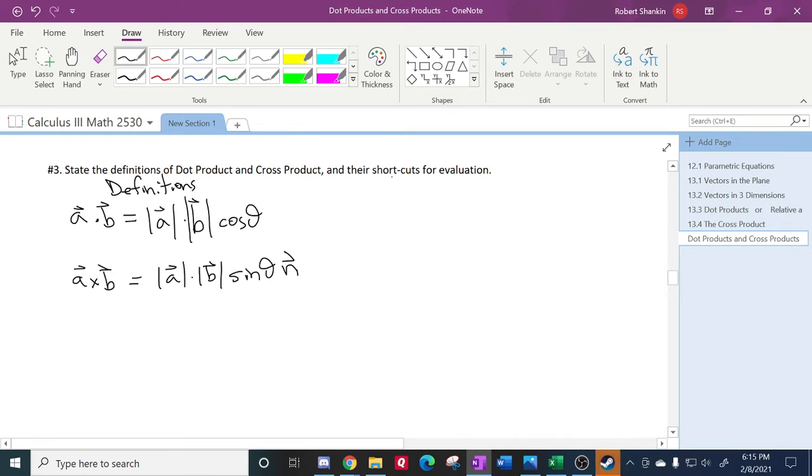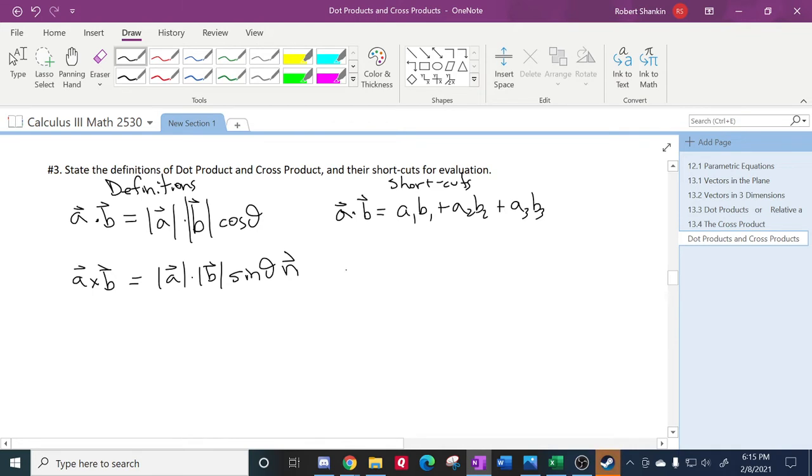Now the shortcuts. How we evaluate them: A dot B is A1B1 and so on if it's in 3 space. It could be in 2 space or more, 4 space, and so on, but typically we'll be doing 3 space this semester.